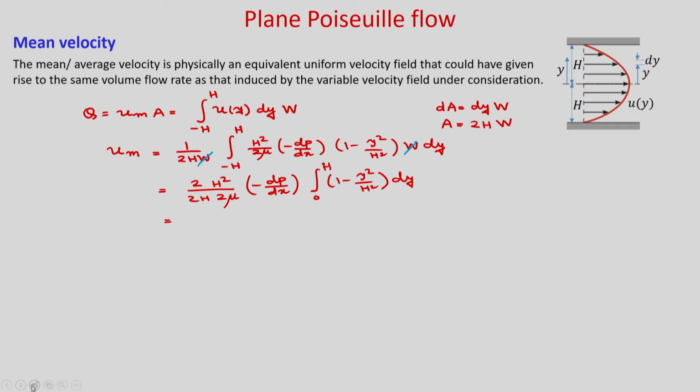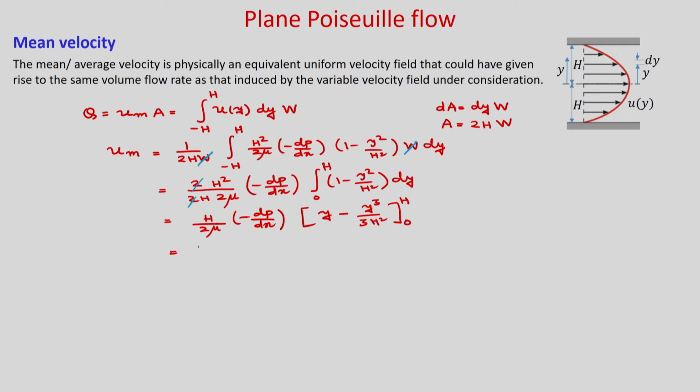So, you can now write this as, so these 2 will get cancelled, okay, 1 by h you can write here, and you can write h by twice mu, minus dp by dx, into y minus y cube by 3h square, where the limit is 0 to h.